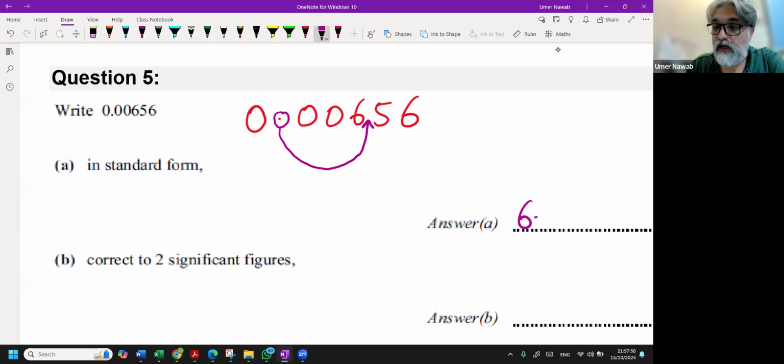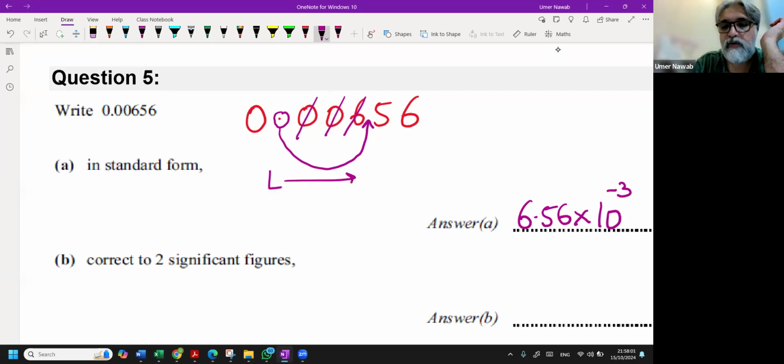So 6.56 into 10 raised to the power. How many digits did I cross? 1, 2, 3. So I am going to write here negative 3. Since I move from left to the right, when you move towards right, guys, you have to write the negative power in the standard form.